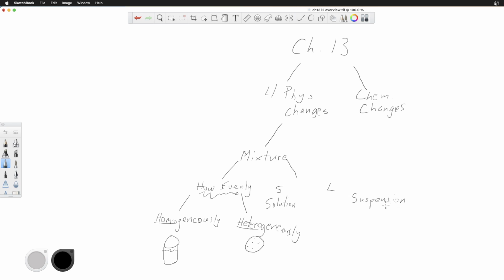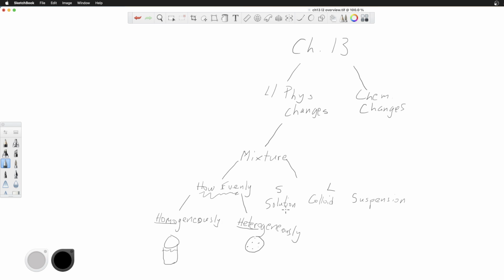And those particles are so big that they don't stay in the water. They end up either going to the top or the bottom. And then in between, we have what's called a colloid, which also has small particles, so small we can't see them, but yet they're bigger than a solution and they don't get dissolved. So again, this would be the case with a homogenized glass of milk. We'd have a colloid. So really, we have 1, 2, homogeneously, heterogeneously, 3, 4, 5, solution, colloid, suspension, 5 terms to know.